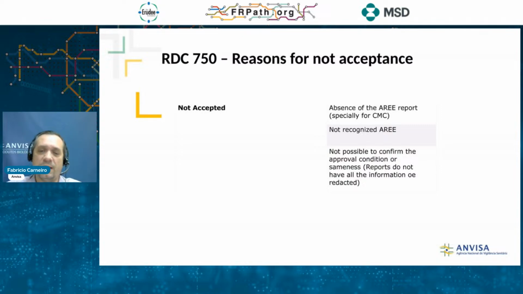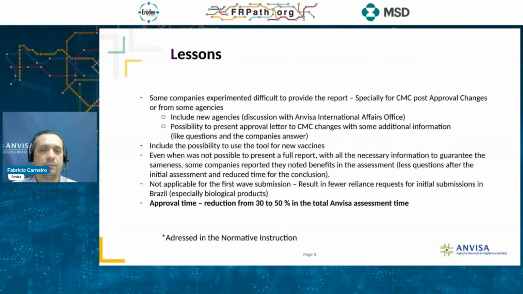And in some situations, it's not possible in the reference authority report to confirm the approval condition or the sameness. So the reports do not have all the information that we need, or they are redacted, so we cannot see all the important information.